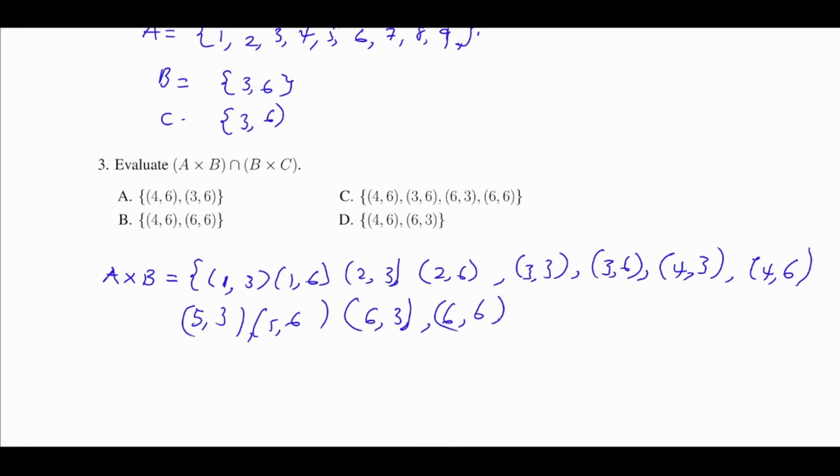All right, so if you continue to do it, we'll do it up to 9, 3, and then 9, 6. So that is A cross B.